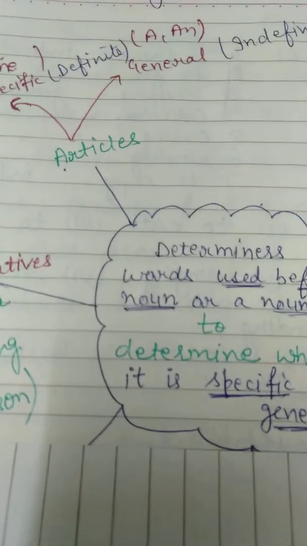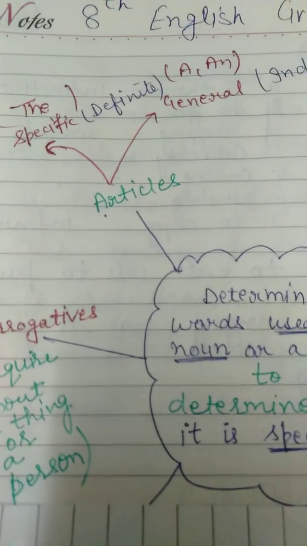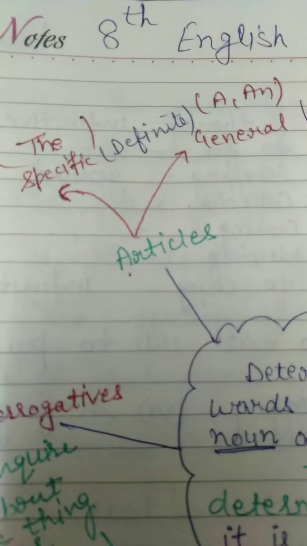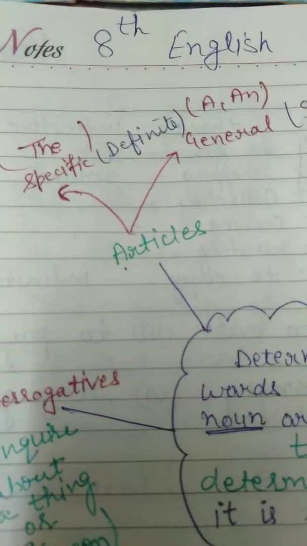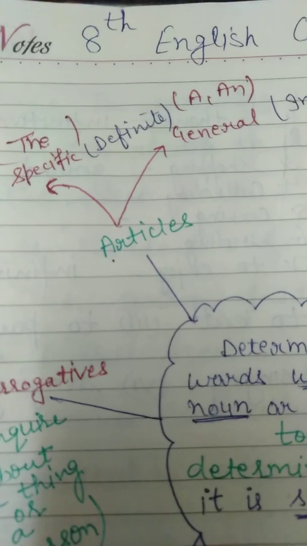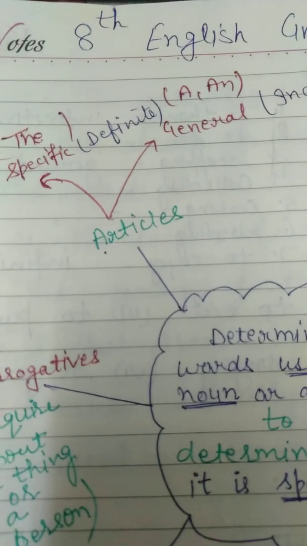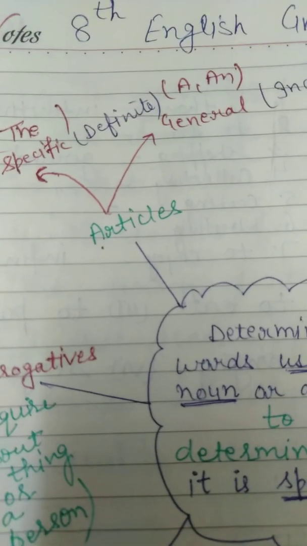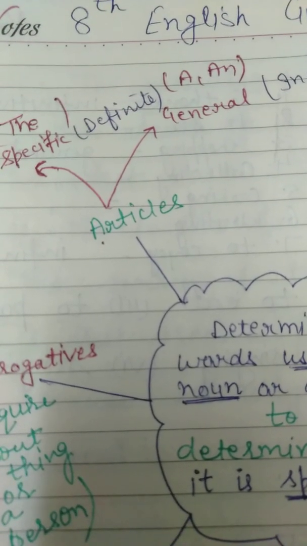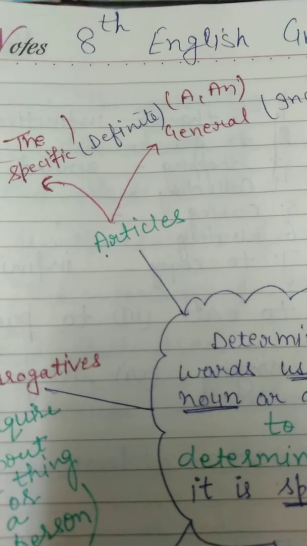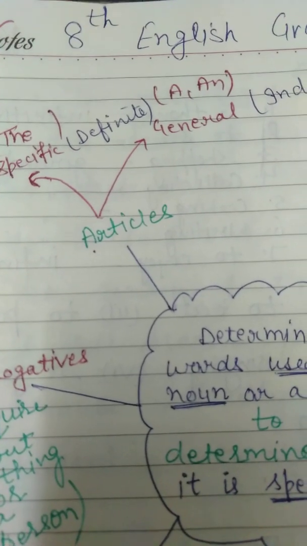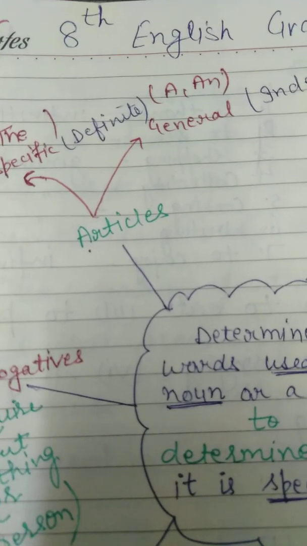First type is articles. And articles are of two types. Sometimes when we ask how many types of articles are there, then the students say articles are of 3 types. And they say a and the are the types. No bache, they are not the types. Types are two. Articles are of 2 types.